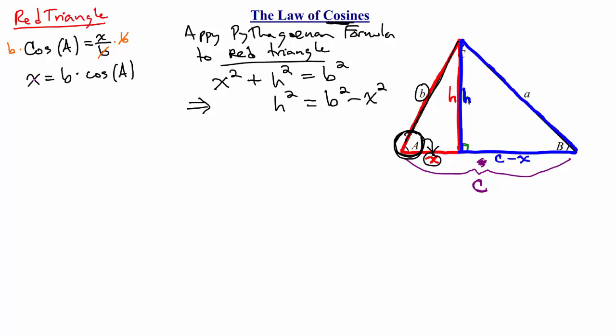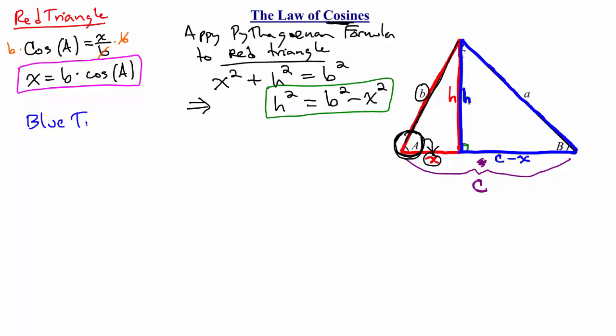So these two equations, this expression for x and this expression for h squared, will prove useful later. Now we'll go on to the blue triangle. We'll start by applying the Pythagorean theorem to the right triangle.